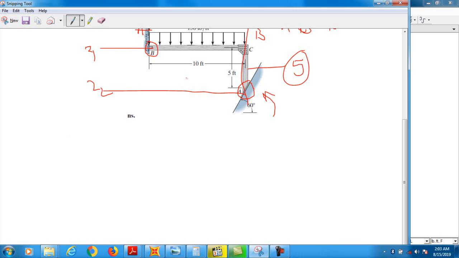There are different methods for analyzing indeterminate structures, like slope deflection method, moment distribution method, virtual work methods, and different strain energy methods. They are very complicated when analyzed manually. So SAP2000 gives you a very easy approach.